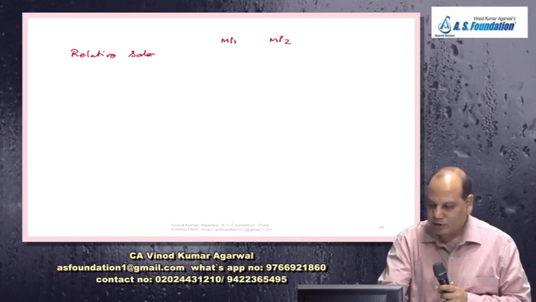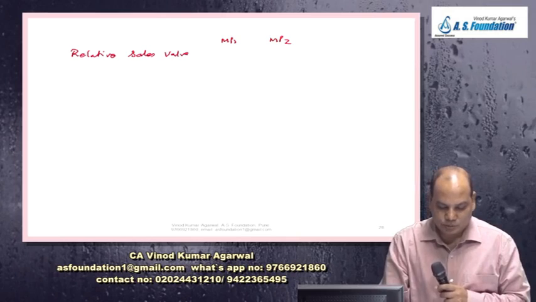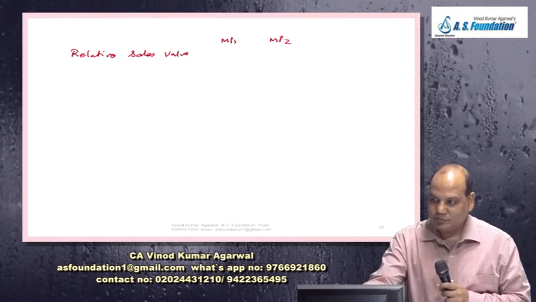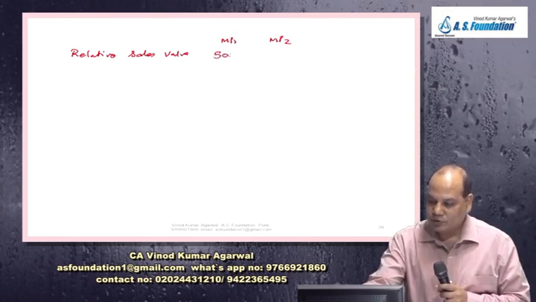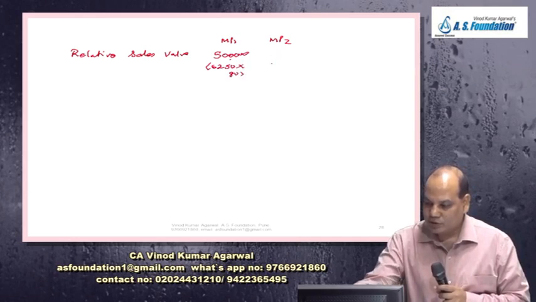Take your calculator, multiply 6250 into 80. So the sale value of MP1 is 5 lakhs, and sale value of MP2 will be 5000 into 50. How much?